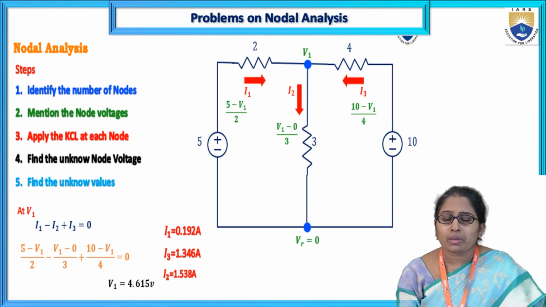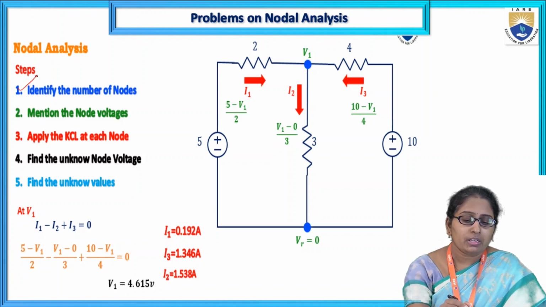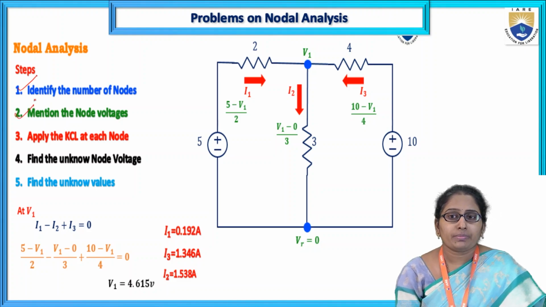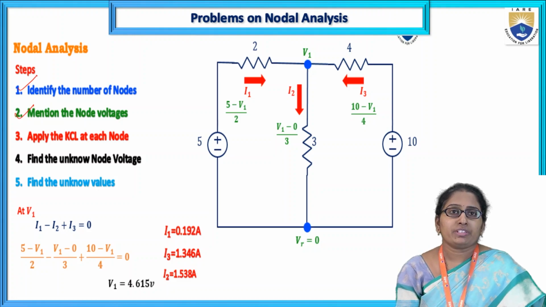What is the first step? In nodal analysis we have to identify the number of nodes present in the given circuit. That is the first step, important one. And then the second step is, after identifying the nodes, we accordingly take the nodal voltages.